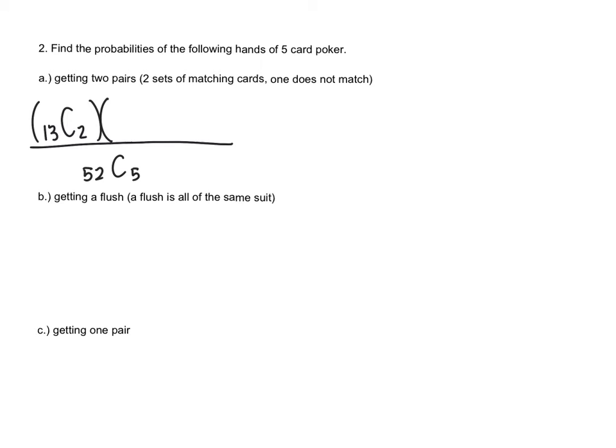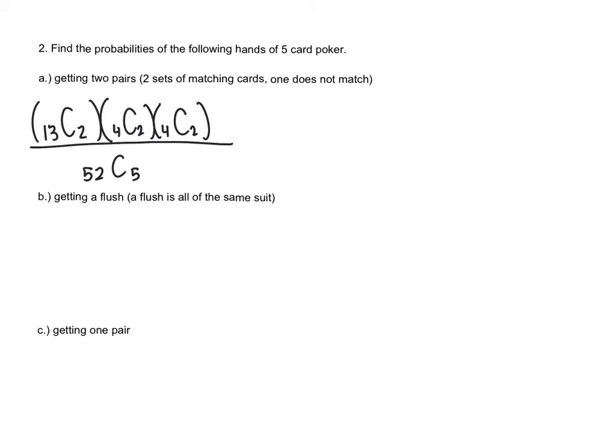Now, we want those 2 cards to have a matching card from 2 of the suits. So there are 4 suits, so we do 4 choose 2, and we do that twice to account for both of our pairs. Okay, so that's how we get our 2 pair. 13 choose 2 times 4 choose 2 times 4 choose 2. Okay, that accounts for 4 cards.